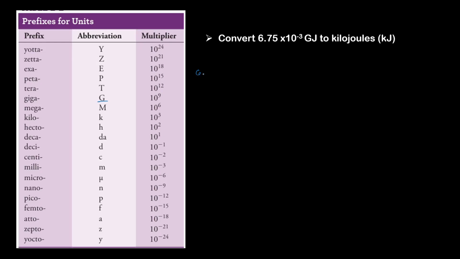We have 6.75 times 10 to the negative 3 gigajoules, right? And 1 gigajoule, how much? It's 10 to the power of 9 joules. But we want to convert it to kilojoules, not joules.